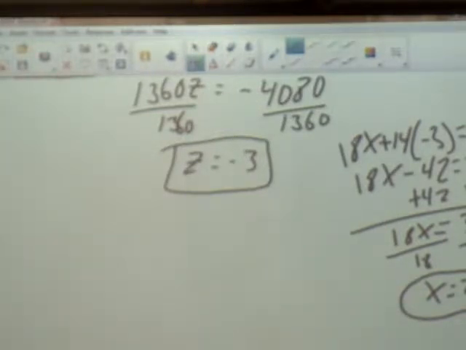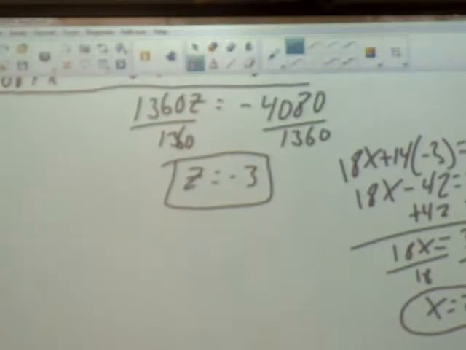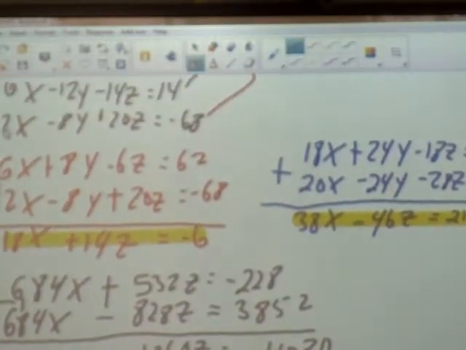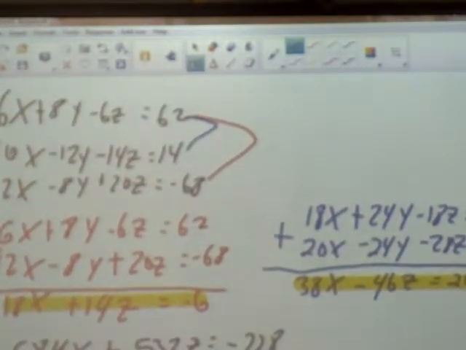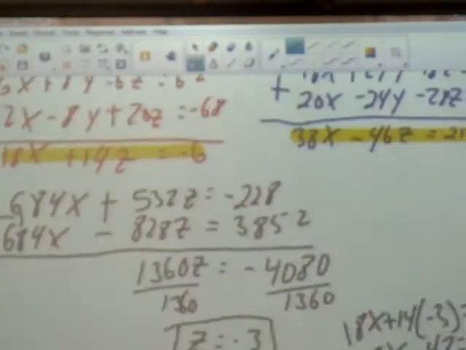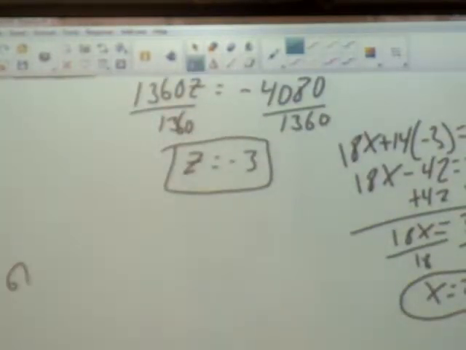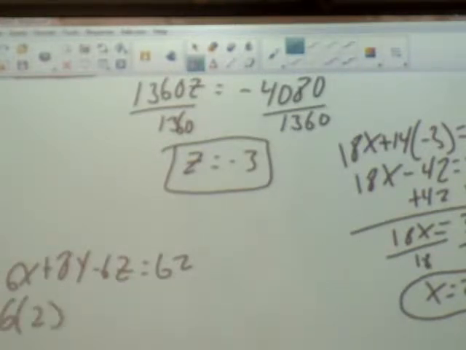Alright, so now my last step, I have to get my y, so I have to take that x and the z back to one of the original equations. Let's pick our favorite original one. The top one is 6x plus 8y minus 6z, and that equaled 62. So we have 6 times 2. We don't know our y.